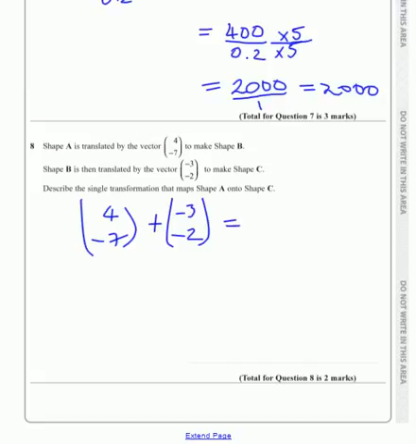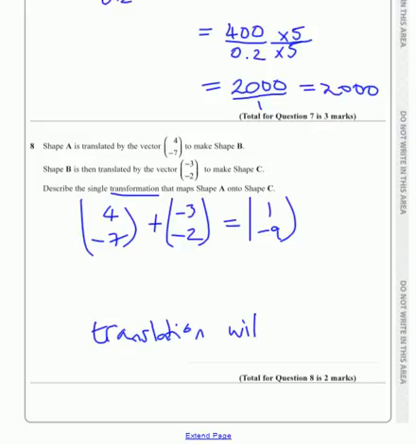So 4 plus minus 3 is 1, and then minus 7 plus minus 2 is minus 9. So that is the vector of our translation. We are after the transformation, so we need to state that it is a translation with vector 1, negative 9.